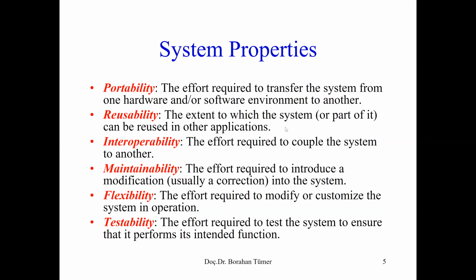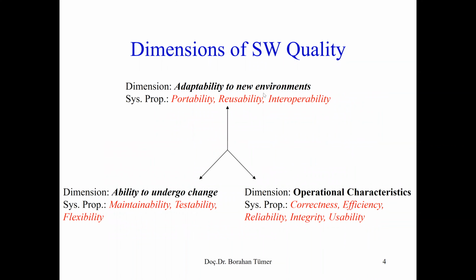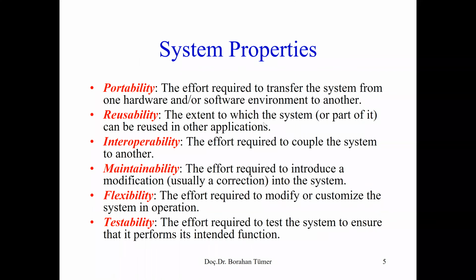You of course know the concept from former discussions in this class, but I don't remember defining it previously, so we define it here for the first time. It is the extent to which the system or a part of it can be reused in other applications. So this is also a system property that goes along with the adaptability to new environments.